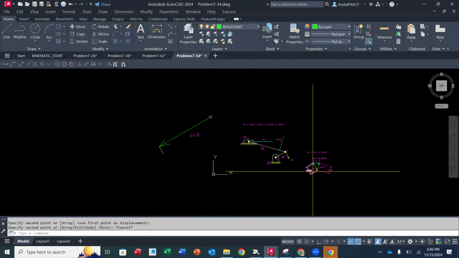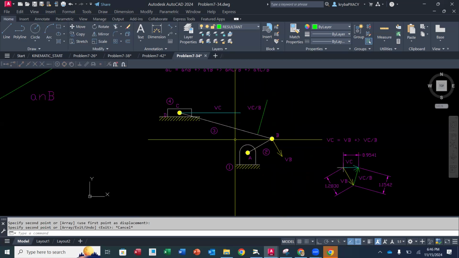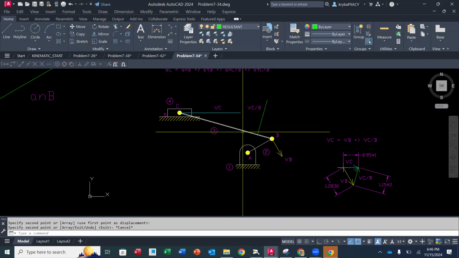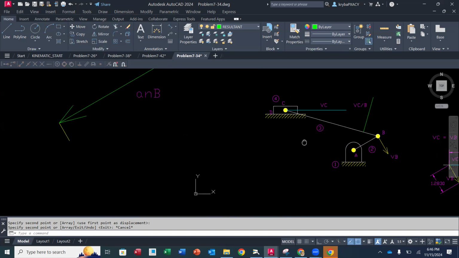Now, this is where we have to determine which direction it's going in. Remember that the angular velocity of link number 2 was going clockwise. We're decelerating, so that means it's going in the opposite direction for acceleration. So our acceleration tangential component is going to point up and to the left.